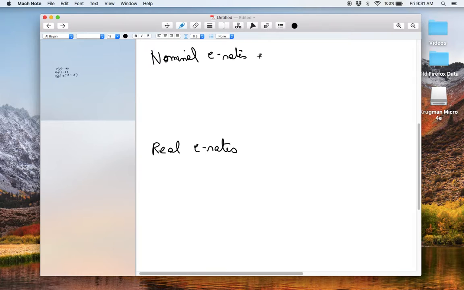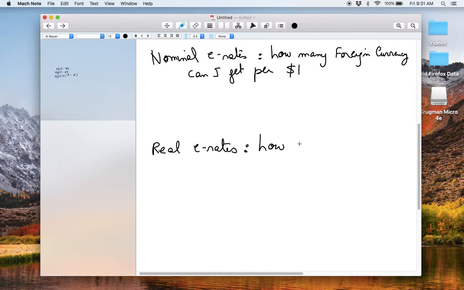Nominal exchange rates is just how many foreign currency can I get per dollar, okay? Real exchange rates is in terms of goods.